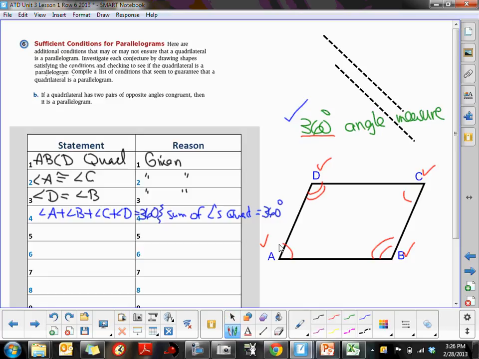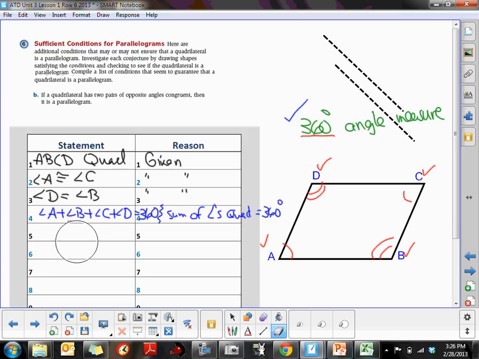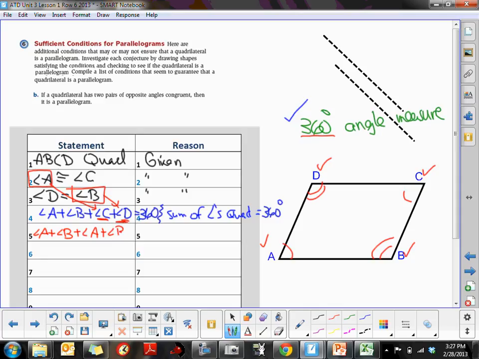Now we're going to use some substitutions. I know that B and D are the same, so I'm going to leave the A's and B's in there and take out the C's and D's. So angle A plus angle B plus, now angle C is going to come out, and I'm going to replace it with what angle C is equal to, so A is going to go in for C, so plus angle A. I'm also going to do the same thing with the angle D. I can get rid of the D and replace it with angle B. So plus angle B. And this is by the substitution property of equality.